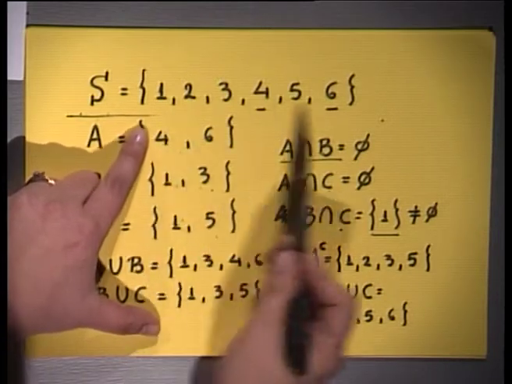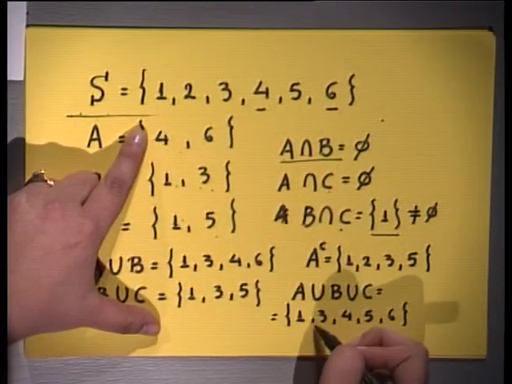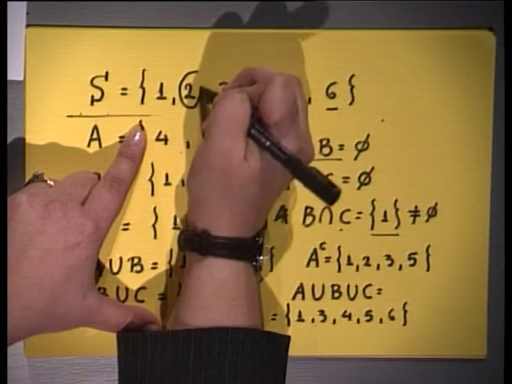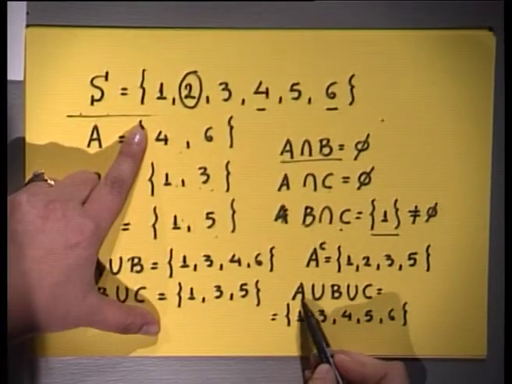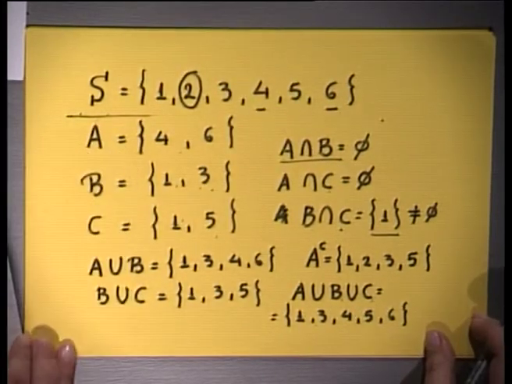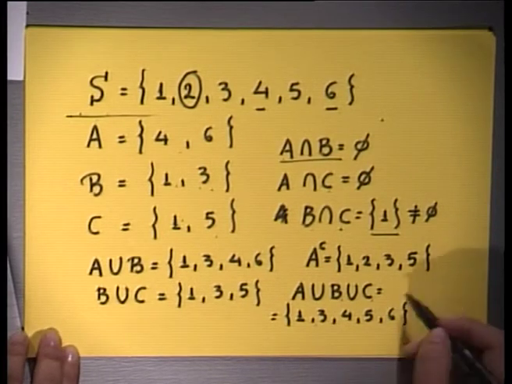Looking back at our sample space, we see that we are missing element 2. And so A, B, C are not collectively exhaustive.